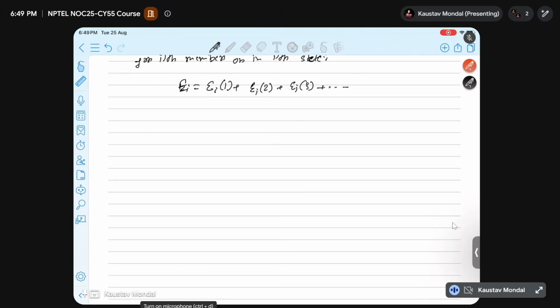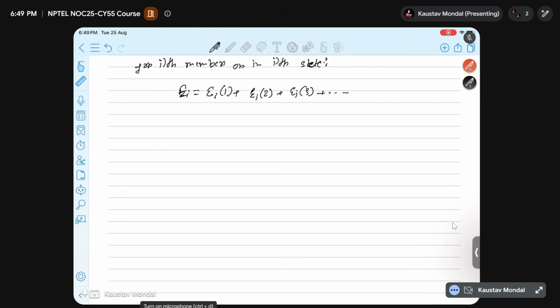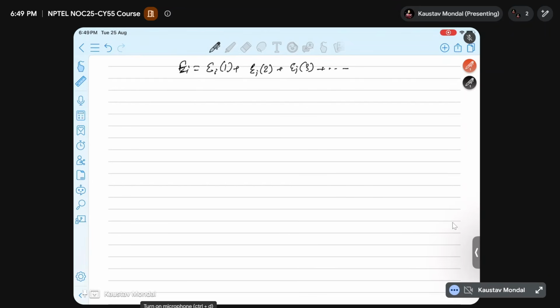Now from here, the total partition function, the canonical ensemble partition function, can be written as Q equal to the sum of e to the power minus beta E_i. So E_i is basically the energy state of each of the members of the ensemble.